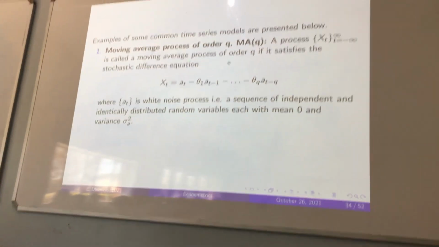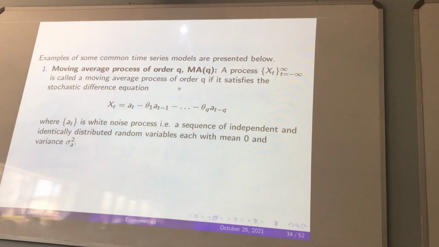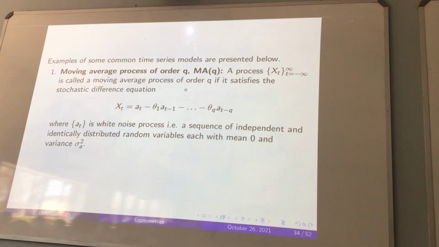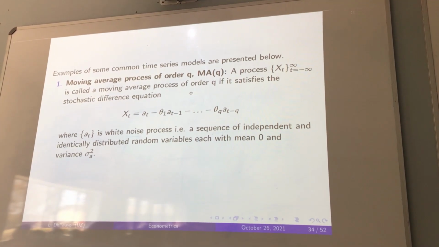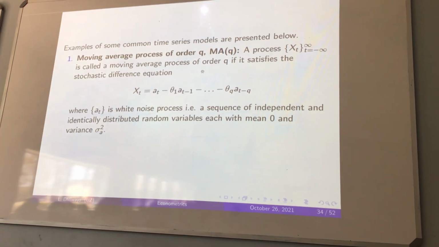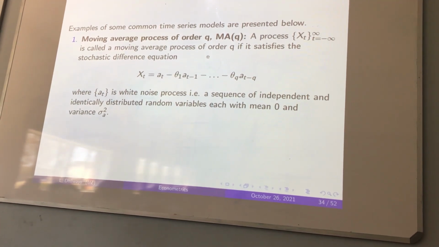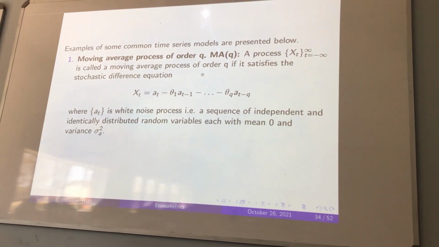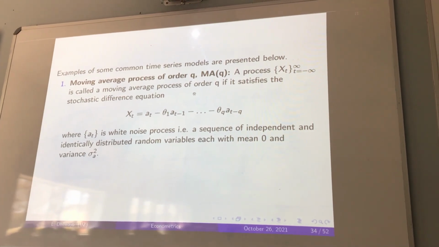Okay. Moving average process of order Q. But try and see your colleagues and they will explain this to you. I explained it to them very clearly with the board marking. Moving average process of order Q, MA(Q). Okay, you still remember those ones?